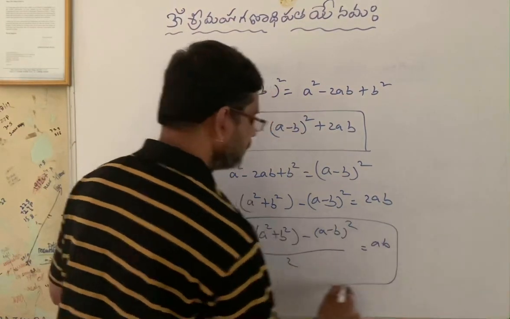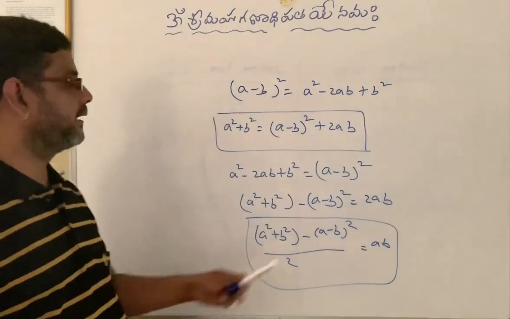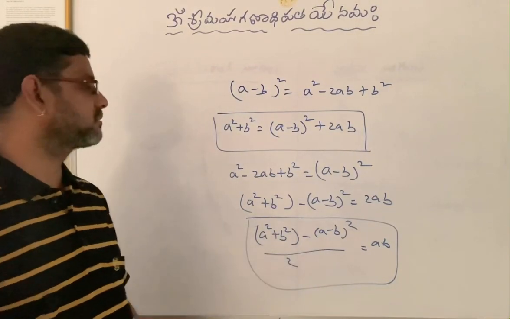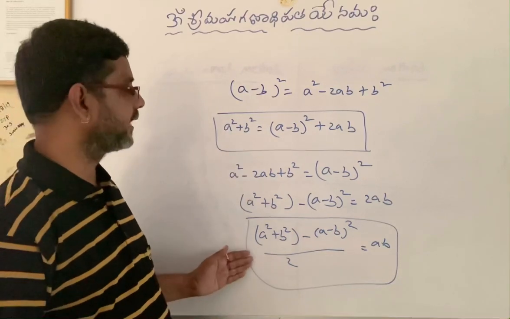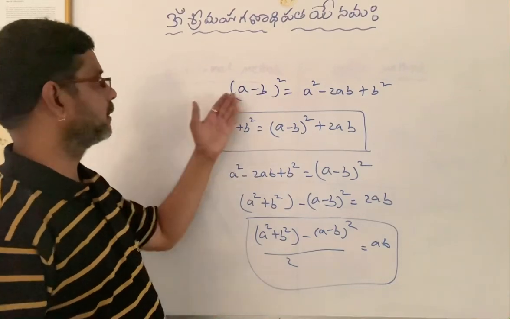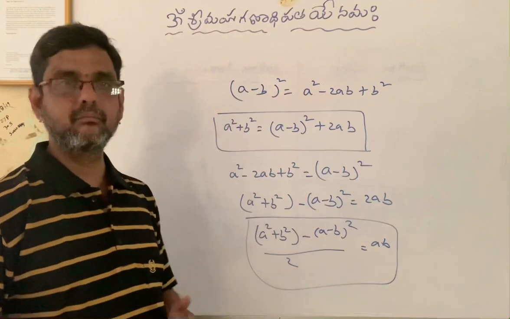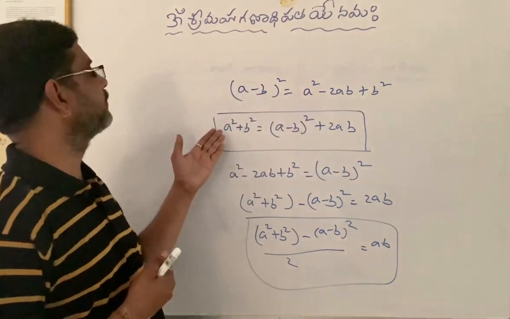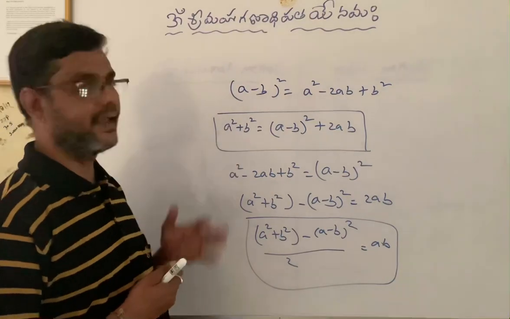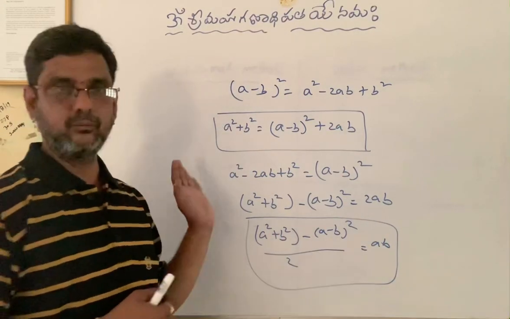That means when we know the a minus b value and the a square plus b square value, we can find out the ab value. This was also extracted from the main formula. So from (a minus b) whole square, we are able to find out the a square plus b square value and the ab value.